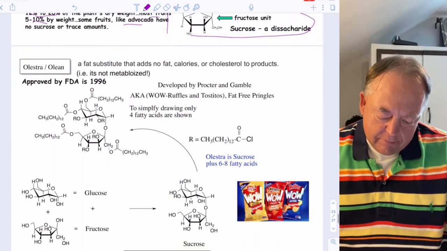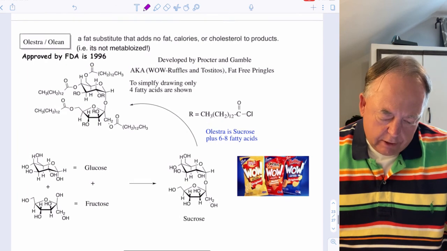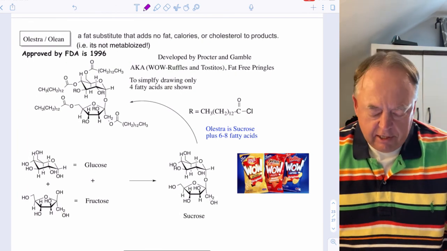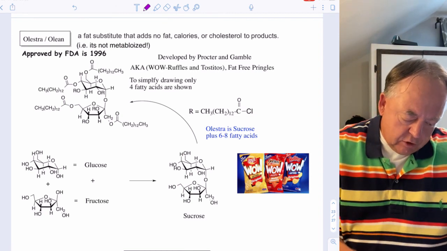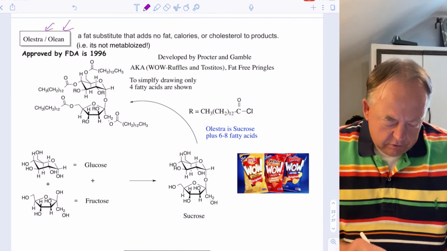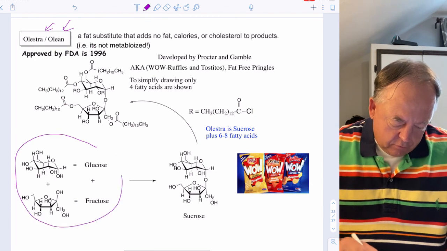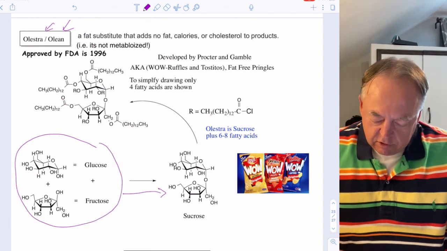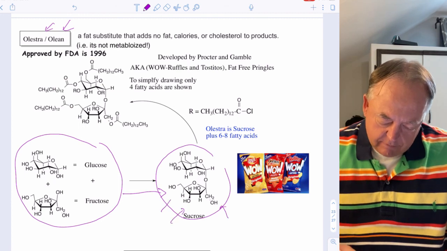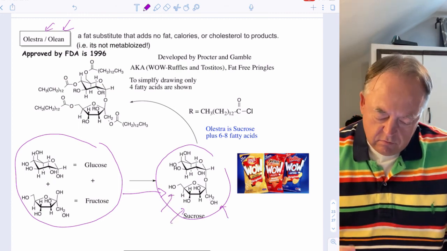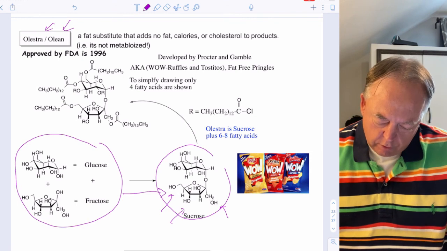So here's another example of how these carbohydrates have been utilized, in this case by the food industry. So this product called Olestra, or Olean. So basically what was done, so if you take glucose and fructose, then that makes sucrose. So you have lots of hydroxy groups here, right? And we've talked about reactions of alcohols throughout the semester.